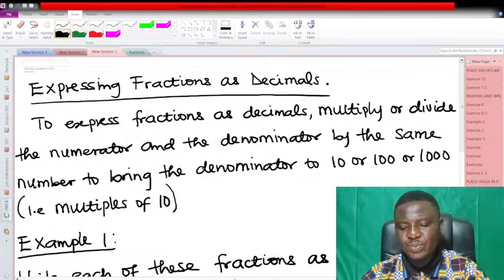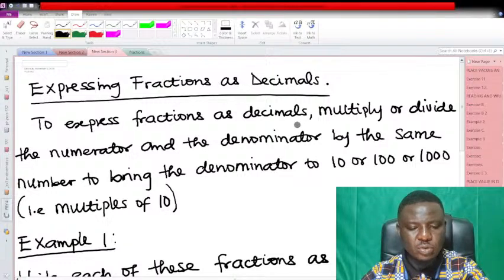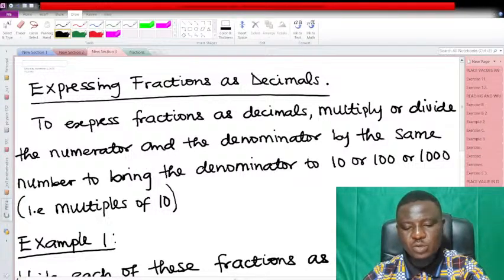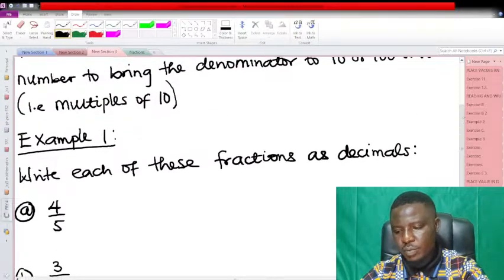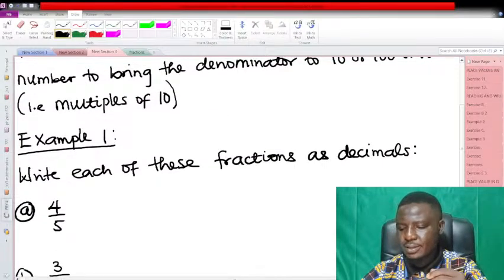To express fractions as decimals, multiply or divide the numerator and the denominator by the same number to bring the denominator to 10 or hundreds or thousands. That is, it should be in multiples of 10.